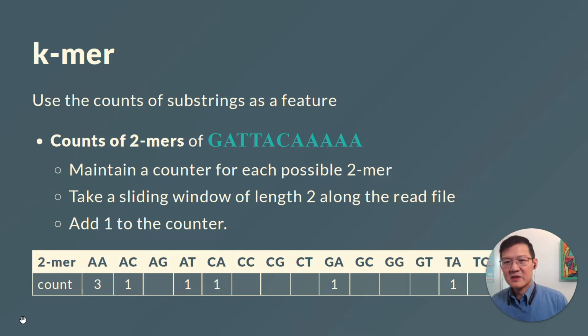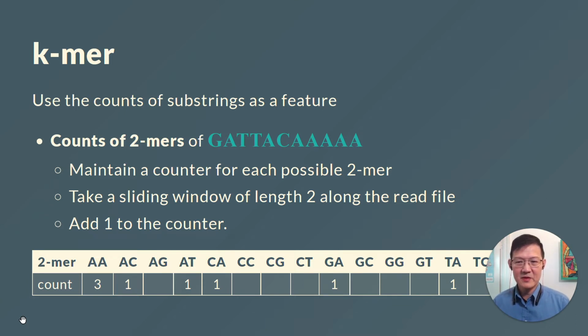Okay. So here's a worked out example of this object for 2-mers. Let's look at this sequence: GA, TTA, CAA. You take this sequence and you take a window of length 2 and you slide it along the sequence, and for each occurrence of a 2-mer, you add it to a table.